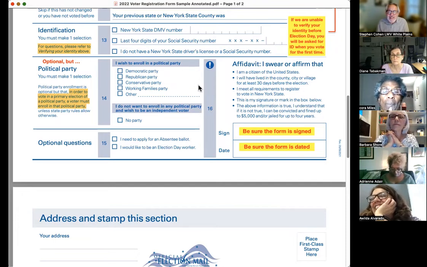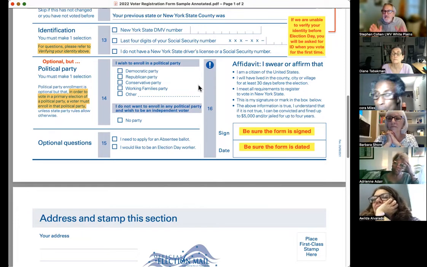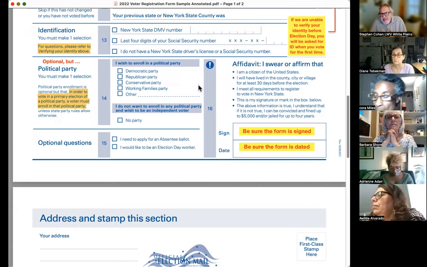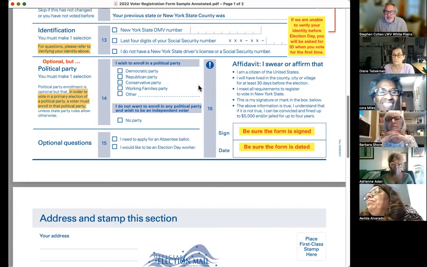So this does not disqualify them from registering to vote. Any person who scratches their head and says, gee, I don't have my license with me, I don't remember my social security number, and I don't know how many people in this world actually carry their social security cards with them anymore, so some people may not remember it. If they don't have either one of those, this is what happens.